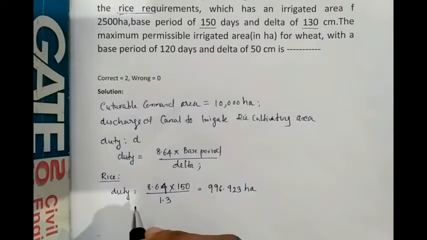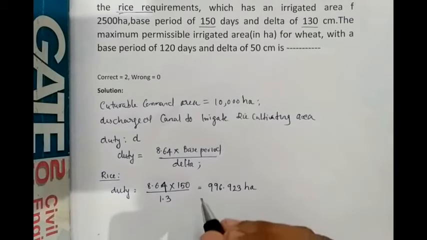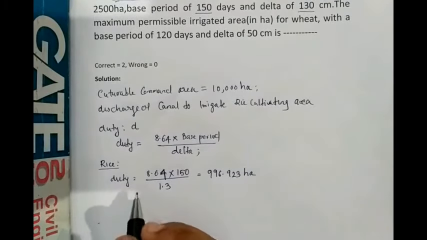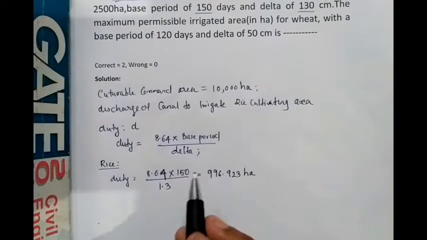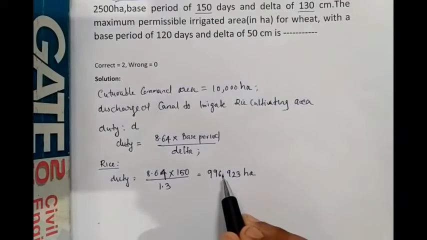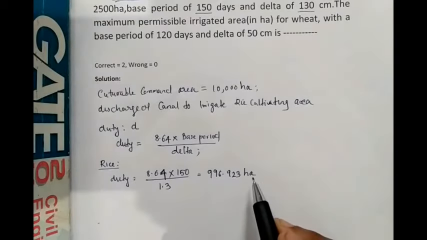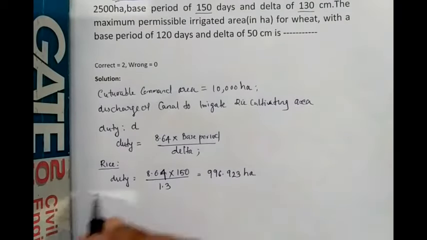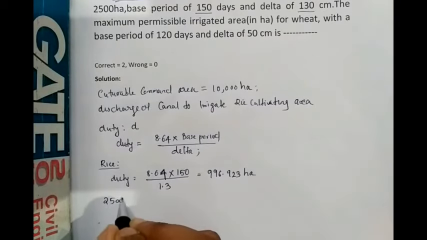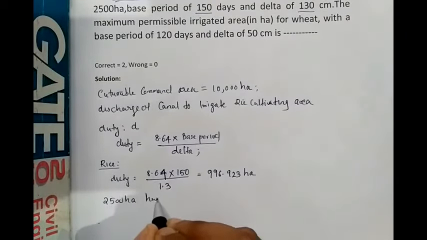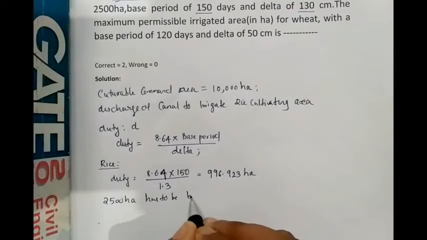That is actually the meaning of duty. So if you run 1 meter cube per second, you will irrigate 996.923 hectares. It is given that 2500 hectares has to be irrigated.